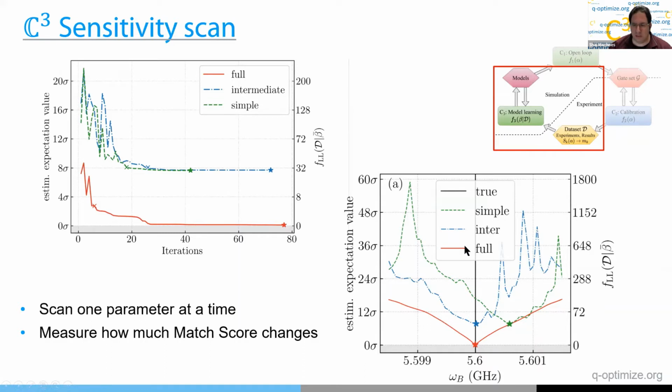You can see that with the full model, the frequency is rather well localized and it sits on the correct value. Whereas for the simpler models, it's not well behaved. In this case, it does sit in the right place, but in the other cases, not so much.